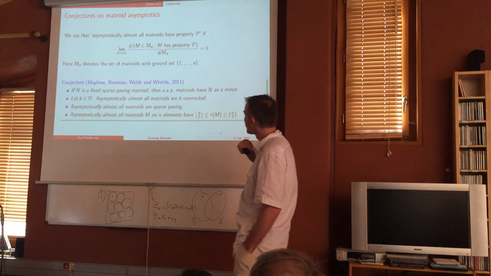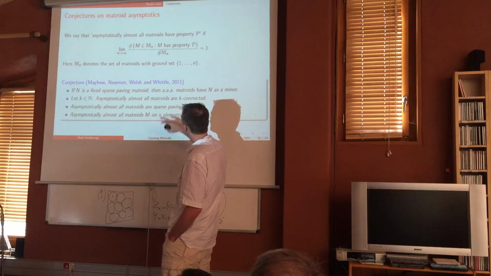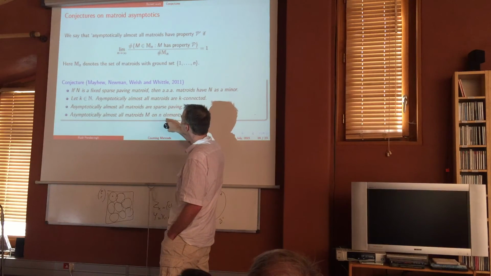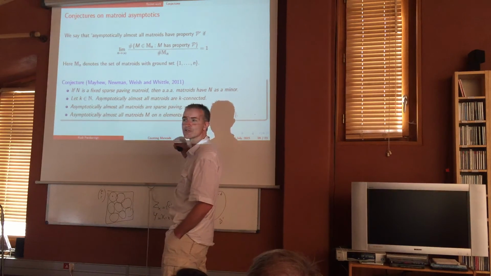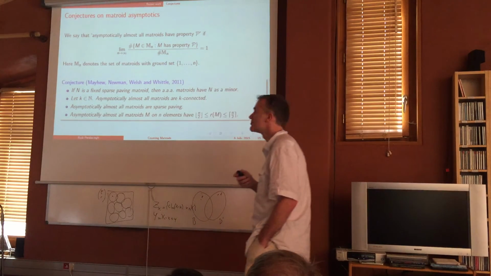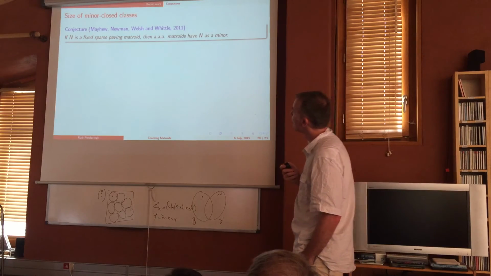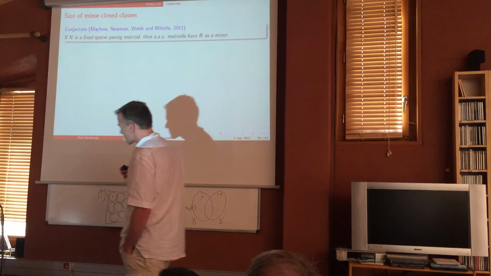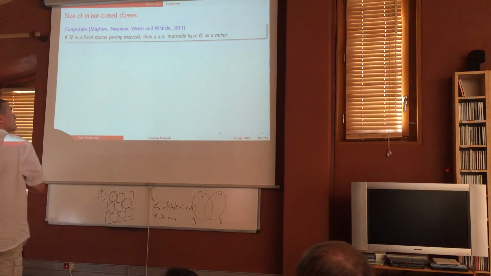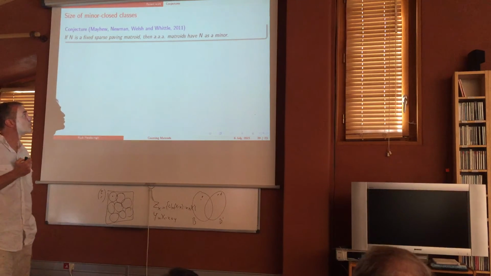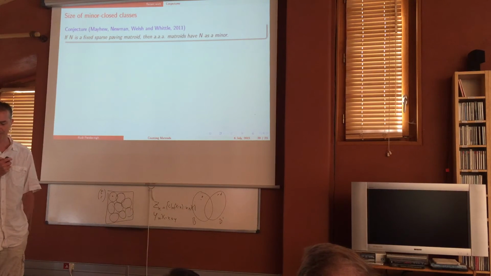In fact, Jorn is going to talk more about these, and I'll say a few words about these two. So the first conjecture was that if n is a fixed sparse paving matroid, then asymptotically almost all matroids have n as a minor.